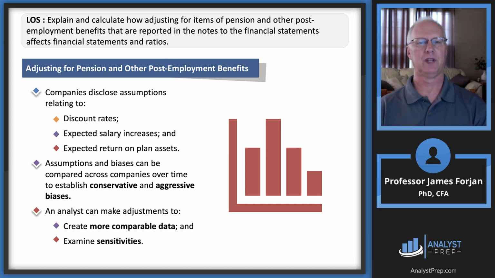All right, how about adjusting for pension and some other post-employment benefits? Companies have to disclose assumptions relating to discount rate, salary, and expected return on plan assets. And so this is what I was saying a little bit earlier. These can be conservative or aggressive, and they can have biases in them. It's probably a function of the personality of the pension fund manager.